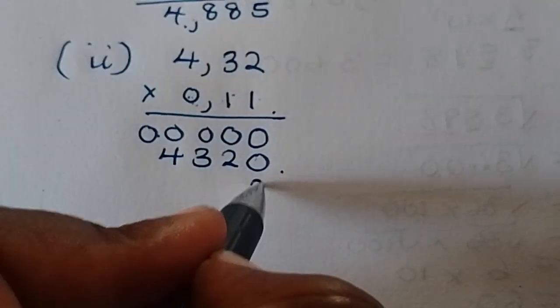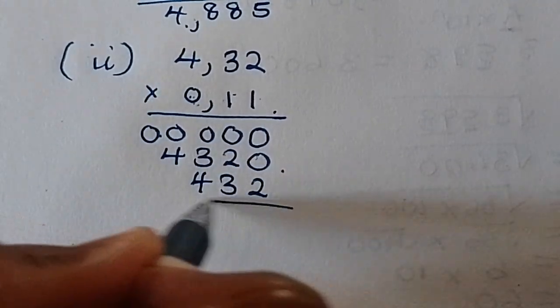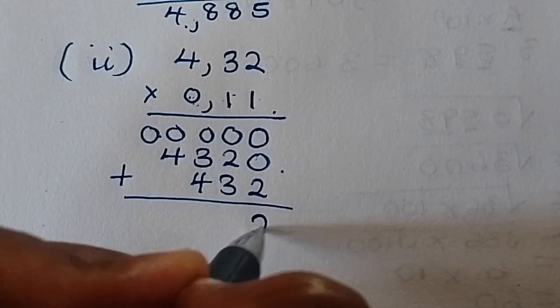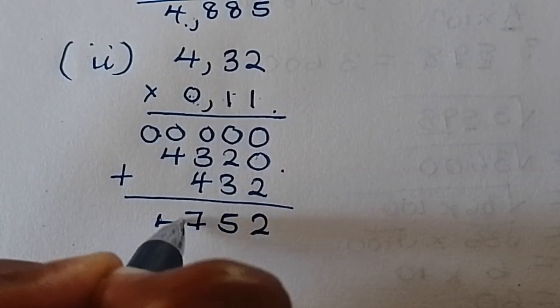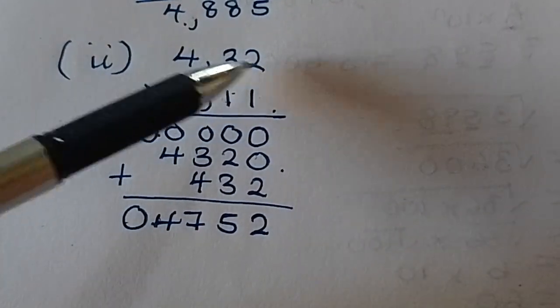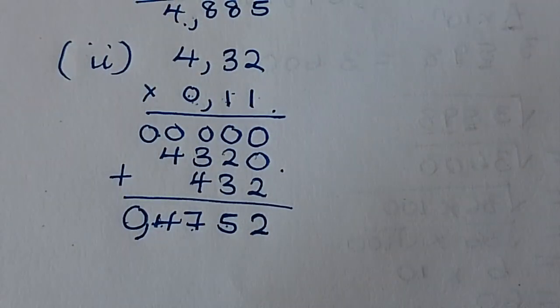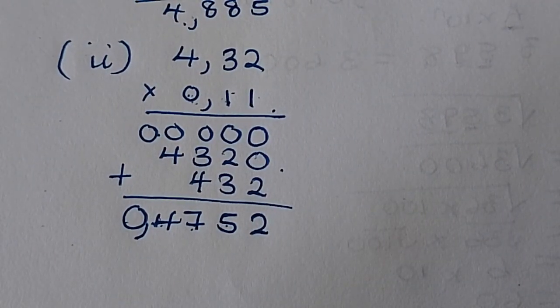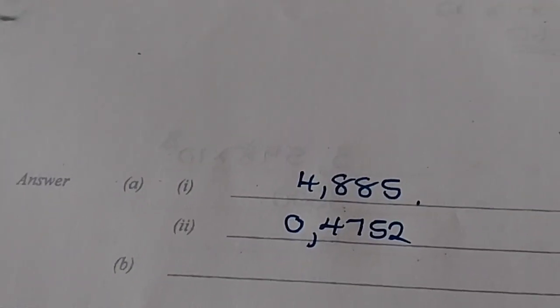Then again 1 times 2, 1 times 3, 1 times 4. Then we add: 2, 5, 7, 4, 0. How many digits after the comma? 1, 2, 3, 4. 1, 2, 3, 4. So it's 0.4752. That's our answer there.